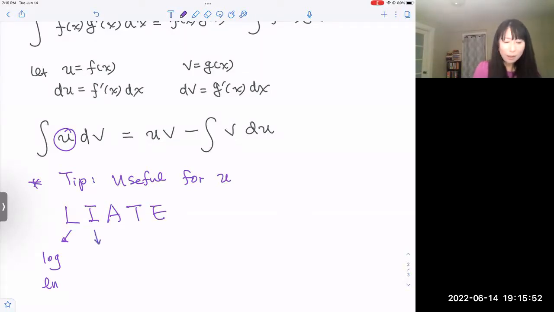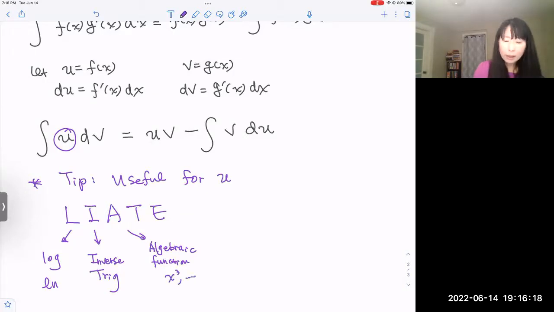And I stands for inverse function, inverse trig function. And A is algebraic expression, algebraic function, so looks like x cubed, like a polynomial.